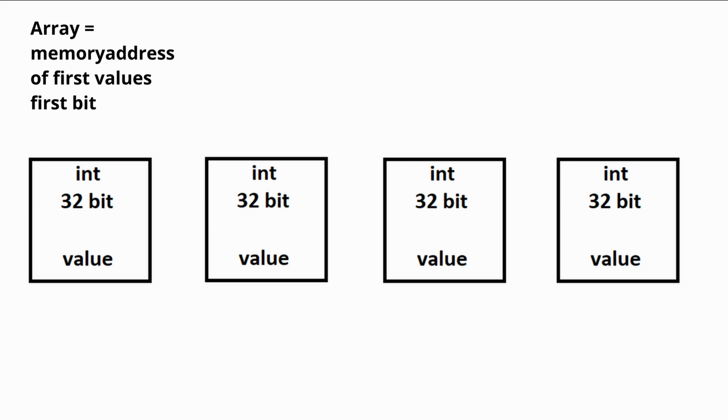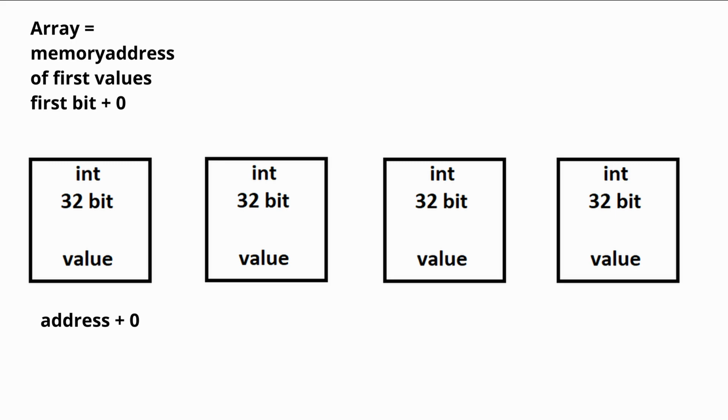If we think about it, what would be a fast way to address this memory in the background? So a fast way would be to say, okay, we have an integer array, for example, like I said before, with the 32 bits for one integer. Okay, so if I want to access the first integer, I have this memory address, and I say this memory address plus 0, because it's the first integer anyways.